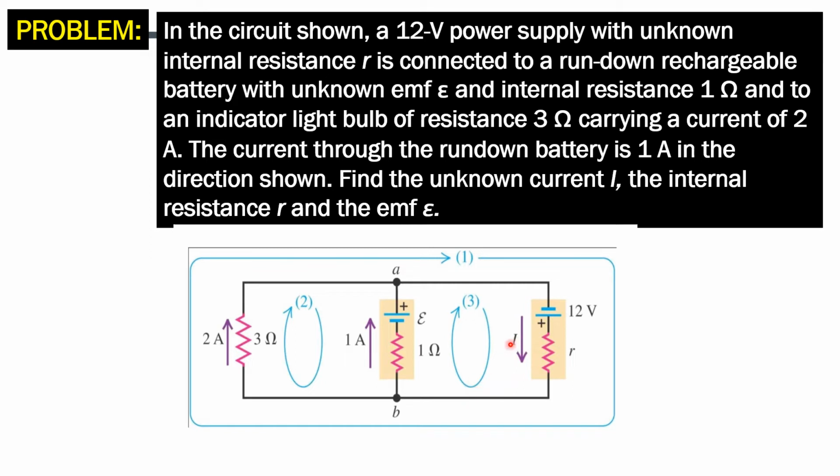But here, the unknown current is already assumed to be moving from the negative terminal to the positive terminal of the 12-volt battery. So that's already given. We have to consider such given direction of the unknown current. And the solution will now be shown in the next slide.